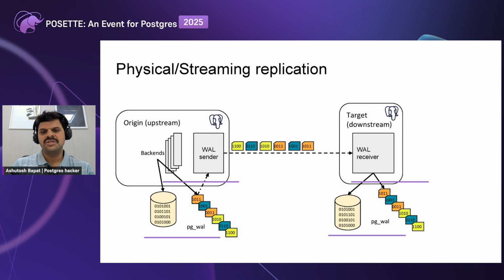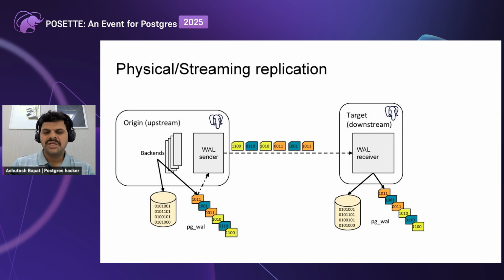Eventually, the physical view on the target will be the same as the origin, and since the physical view is the same, the logical view of the database, that is what the results of a query are, will also be the same automatically. And that's how you have a replica set up with physical streaming, usually for standby.